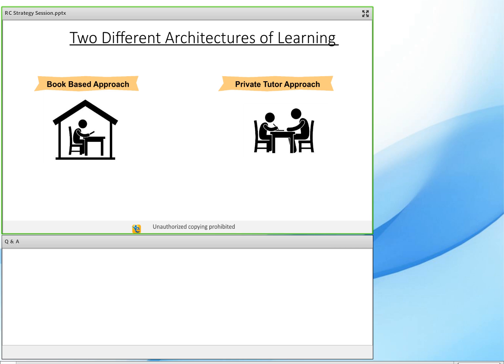When you map most of the other audiovisual courses that exist today in the GMAT space, you'd find that even though they have videos and quizzing, the core learning architecture they provide is a book-based architecture. When you map e-GMAT's courses to one of these 2 architectures, you're going to find that they're aligned a lot more closely with a private tutor-based architecture.